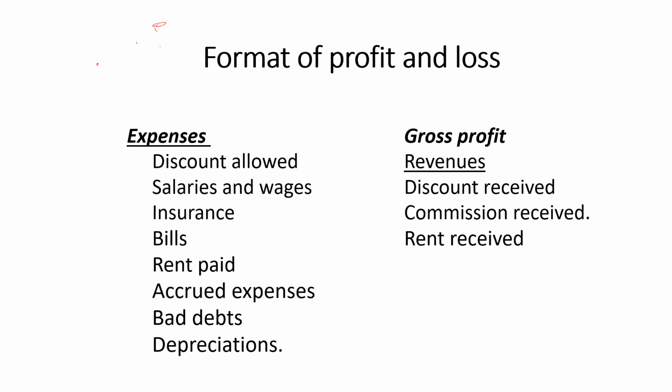The format of the profit and loss account. Now, how does the format look like? We said the title comprises the name of the business. You must write it on the top there. Then the account name. What are we preparing?